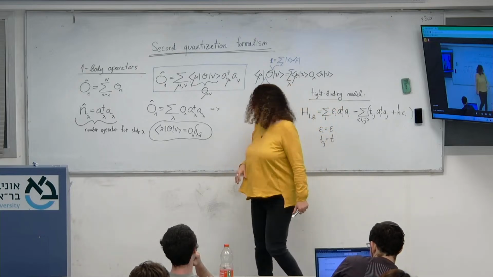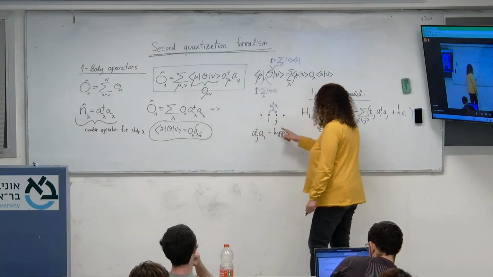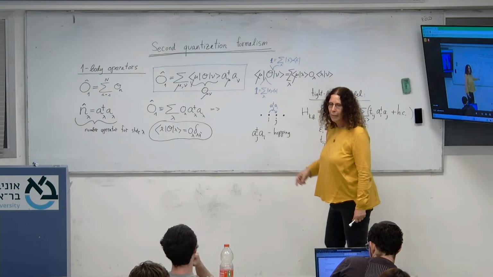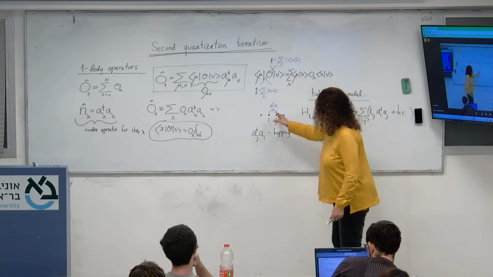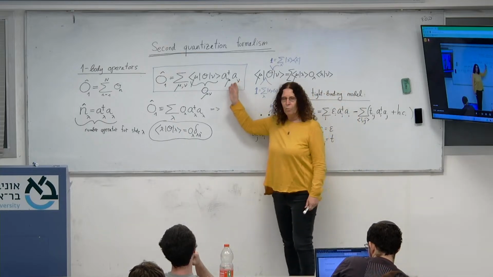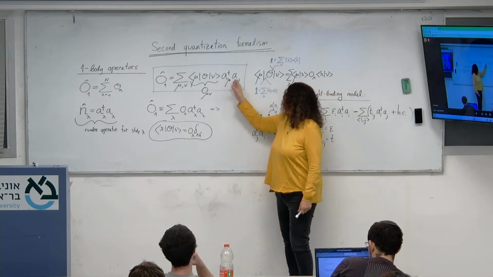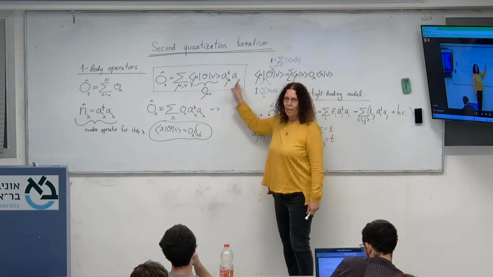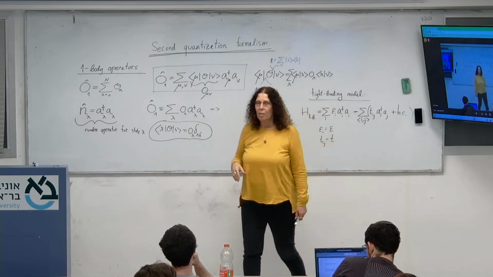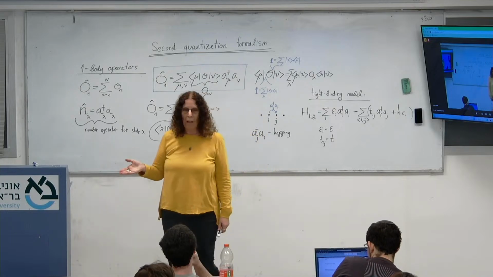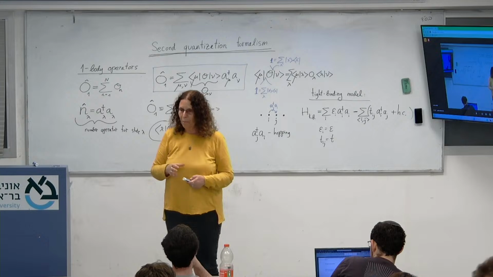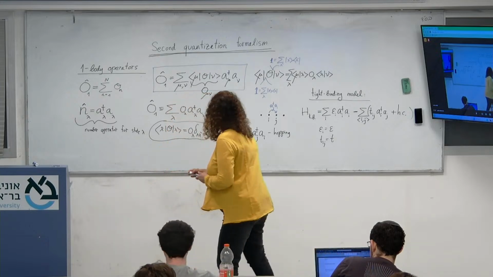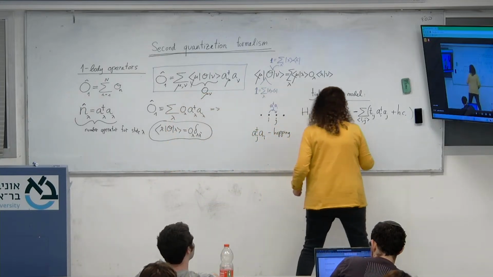But the meaning of this is just, as we said, a hopping. And if it's something off diagonal in K-space, you annihilate a K and create a K prime. What does it describe? That's a scattering process, where you change the momentum from K to K prime. All right. Good.